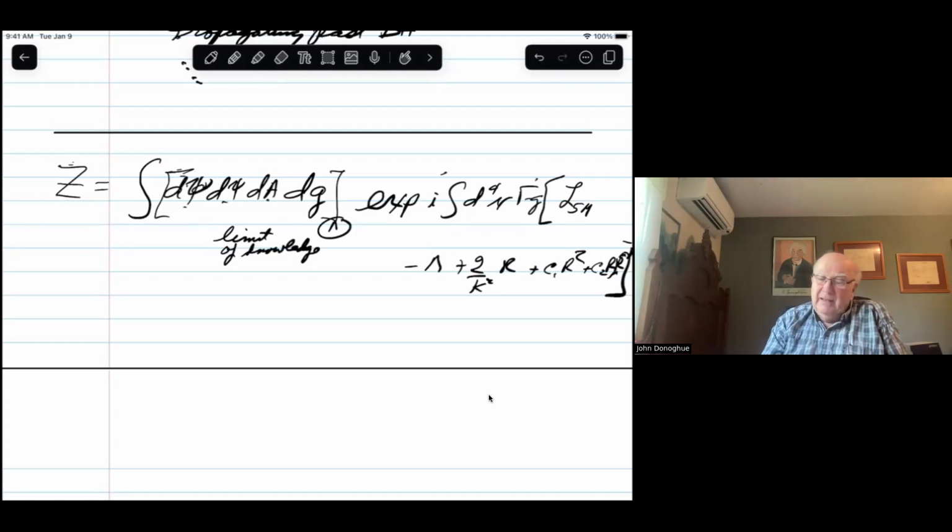This Lagrangian describes our core theory now. All of it is a quantum field theory.